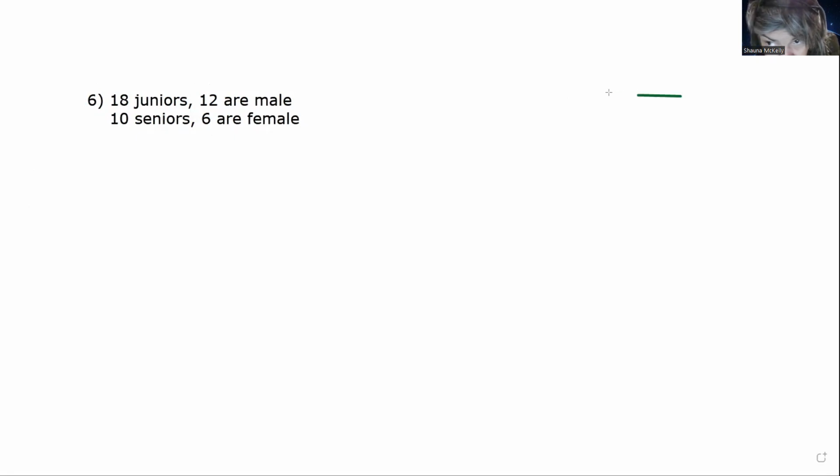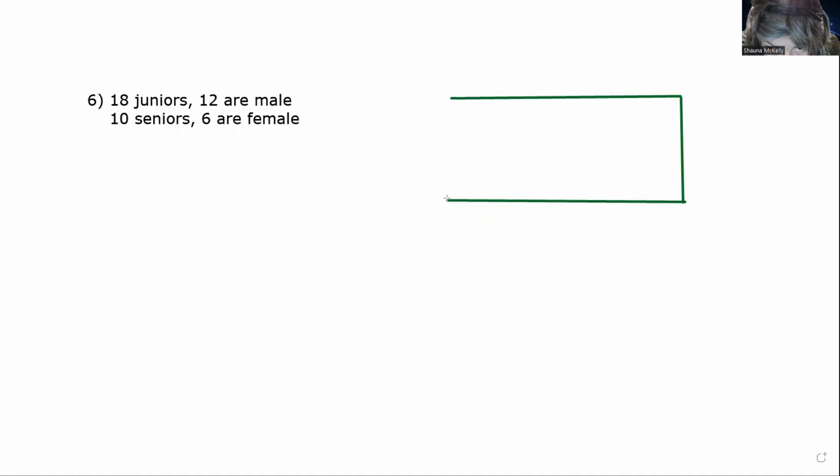I'm going to draw a box, and I'm going to have some sections to the box, something like this. I'll have some rows for this.